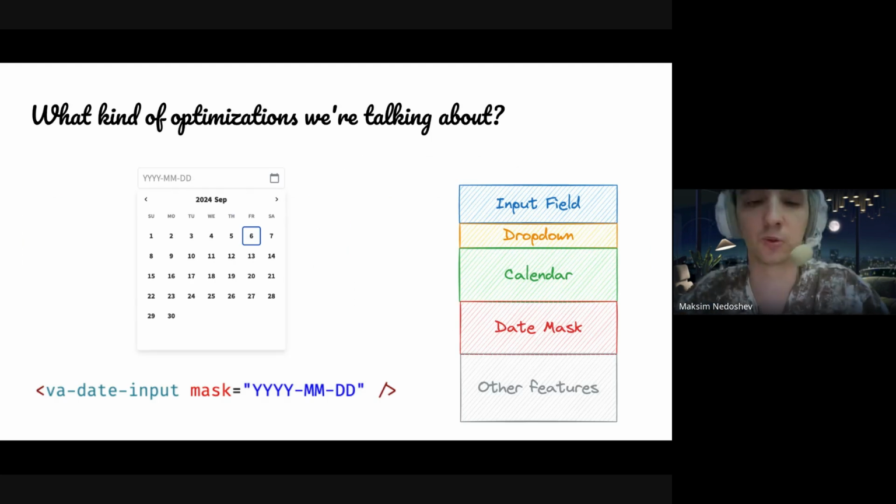Let's look at this simple example to understand what I'm talking about. Imagine that we have a date input component. Date input itself can be separated by features. Like we have an input field, which has its own styles, icons, hover effects, everything like that. We have a dropdown with a calendar inside, the calendar itself, and we have a date mask feature.